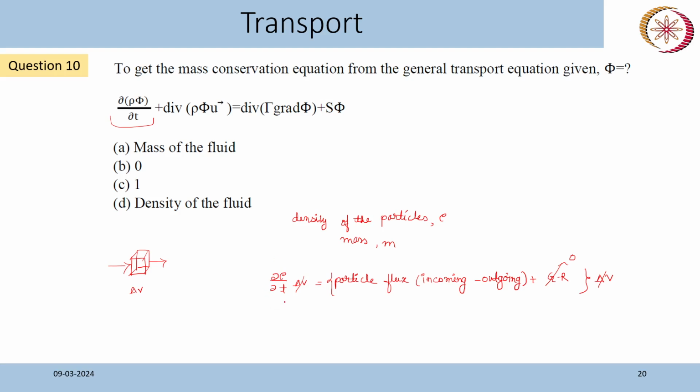So how the particle density is changing. For mass conservation, we don't have to separately consider the parameter phi, because that is already being considered in the transport equation. Therefore phi is equal to 1 for mass conservation.